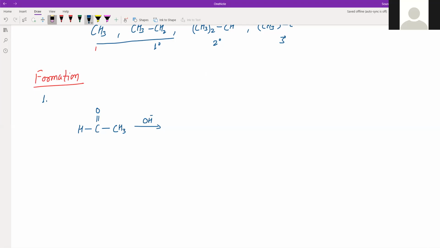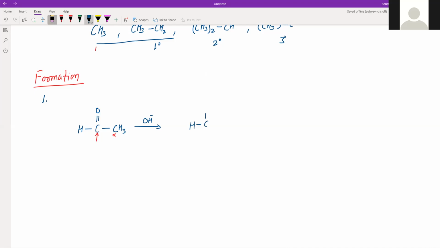Now this base having OH negative will take away the hydrogen, the alpha hydrogen. What is alpha hydrogen? This is the functional group, so this is not the alpha position. Alpha position is this. This carbon is the alpha position. So hydrogen will be removed from this, and then the intermediate will actually look like this.